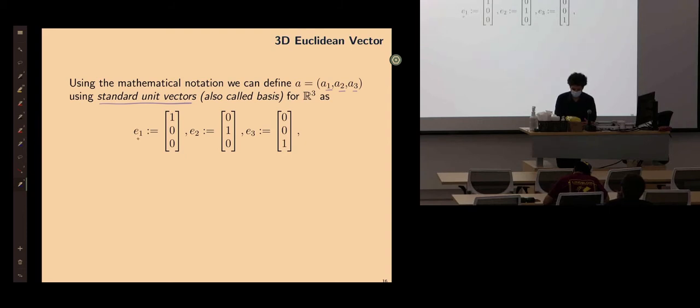So along i, or the first dimension, we call it E1, and the corresponding entry is 1. E2, which corresponds to j, which we previously talked about, is 0, 1, 0. E3 is 0, 0, and 1. Okay? We are not doing anything significant. We're just changing the notation.